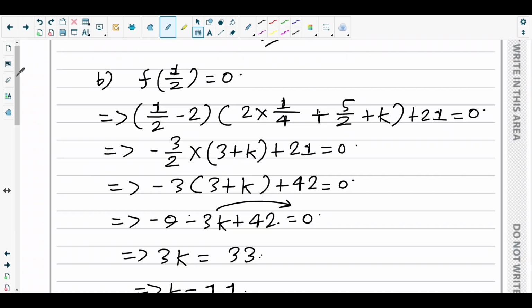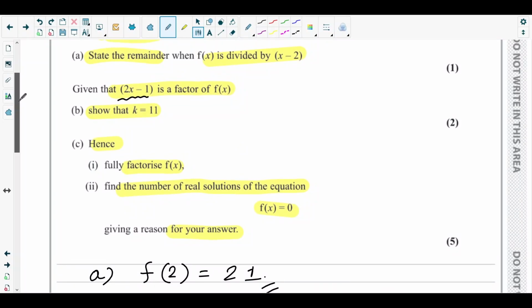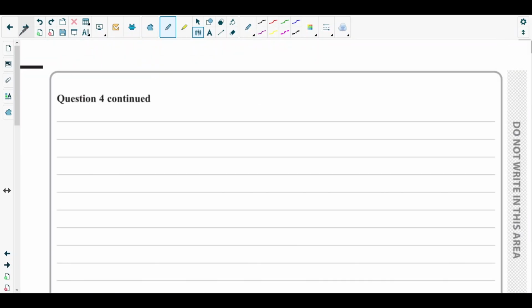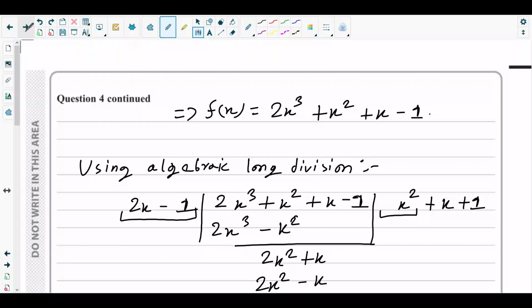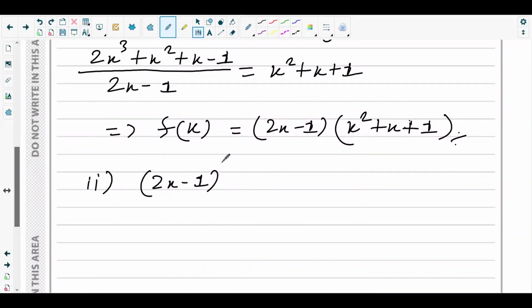We need to state a reason for the answer. So if you consider f of x equals 0, it will be 2x minus 1 times x squared plus x plus 1 equals 0.